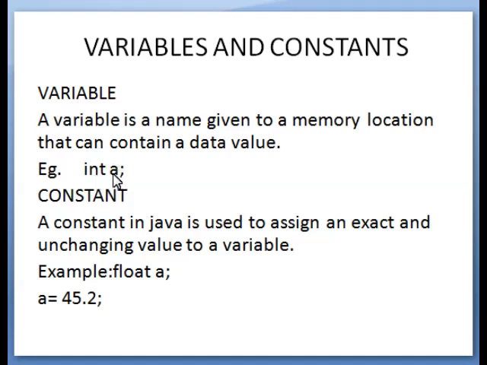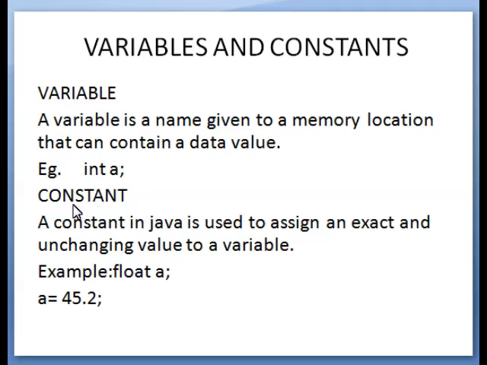Any value means any integer value because the data type is integer. If it is float, it can hold only decimal values. Here it is declared as int a, so in the variable a, we are able to store any integer value.